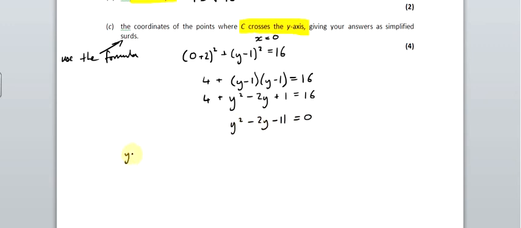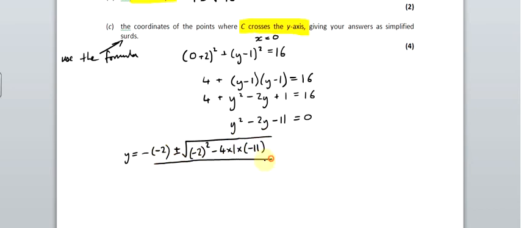And then we're going to stick that into the equation. So y is equal to minus b, plus or minus the square root of b squared minus 4 times a times c, all over 2a.